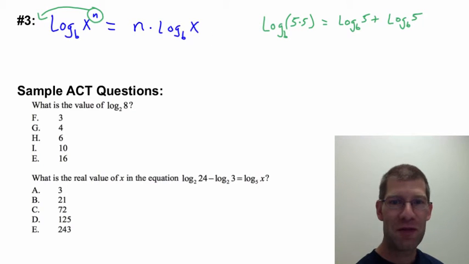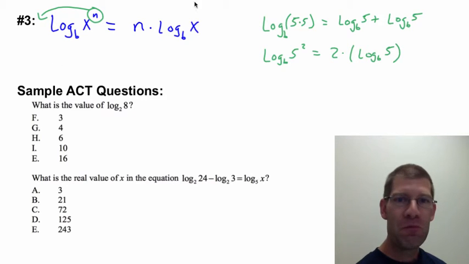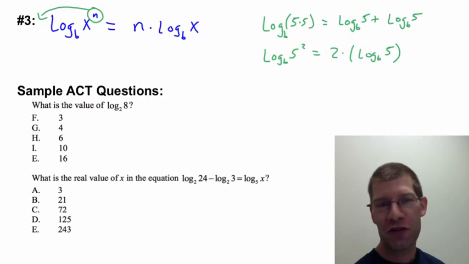If you had log of 5 squared base b, that's going to be 2 times the log of 5 base b. So you see how you get the same answer no matter which one of those properties you use. You could either add the 2 together, which would be like x plus x is 2x, or you could do 2 times one of those and get your 2x that way as well.